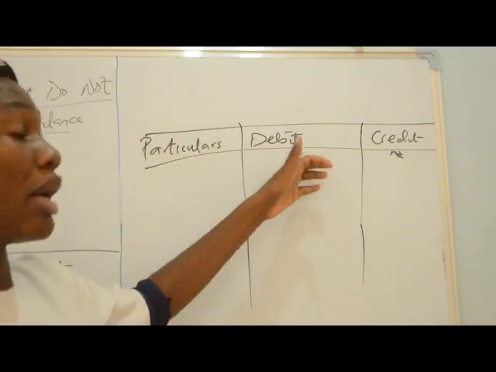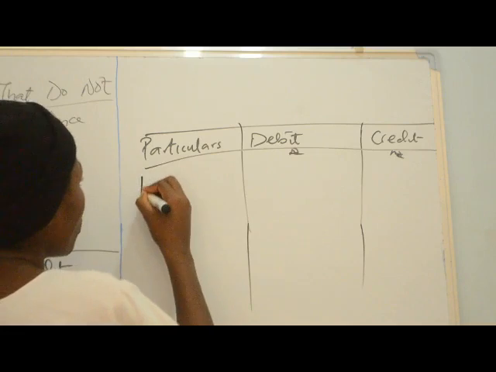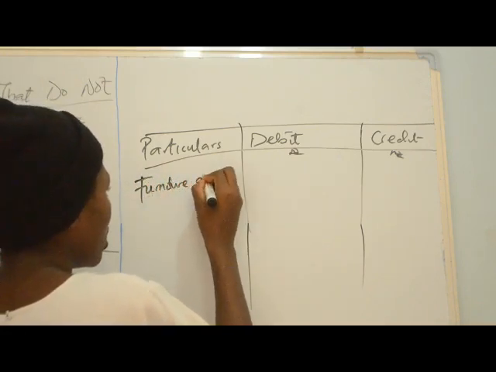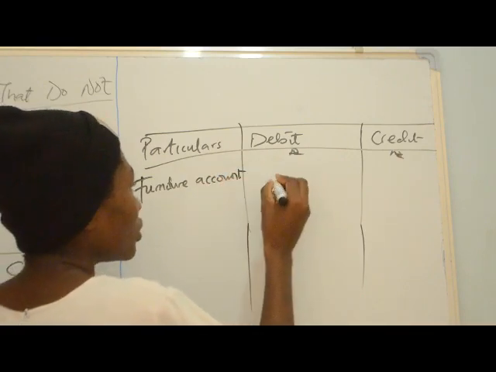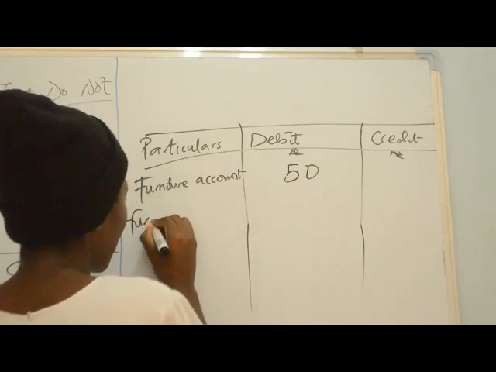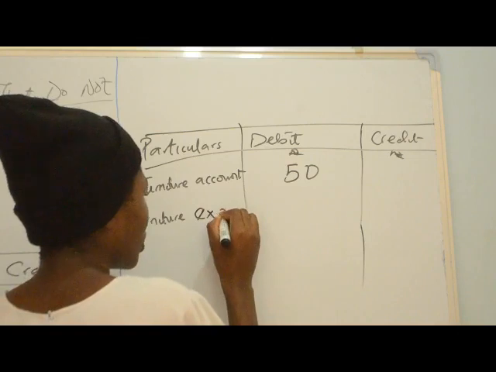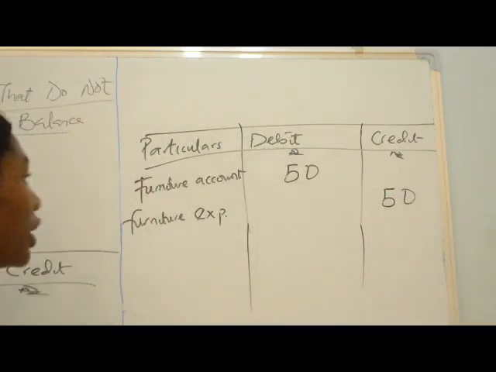And then we'll be entering our amount in the furniture account, which is a debit account in this case. We'll be entering 50 naira, and then for furniture expenses we'll be entering 50 naira to correct the error. Now, what we're left with is our description.